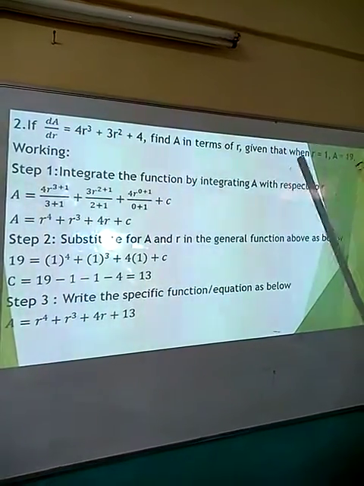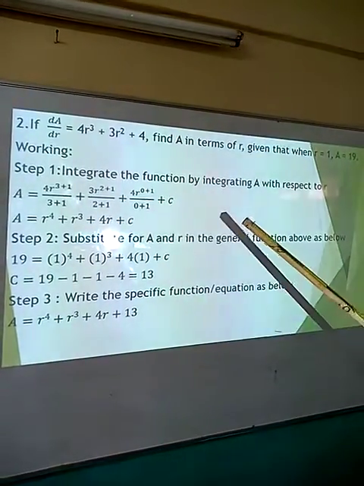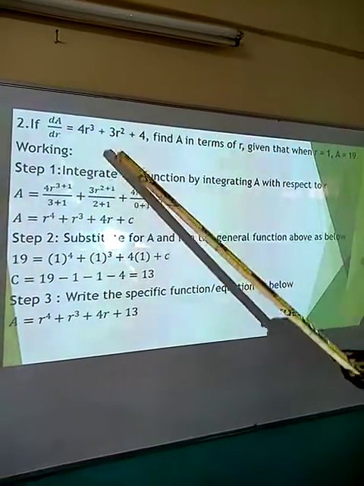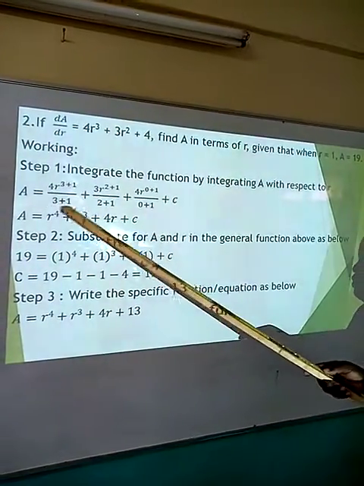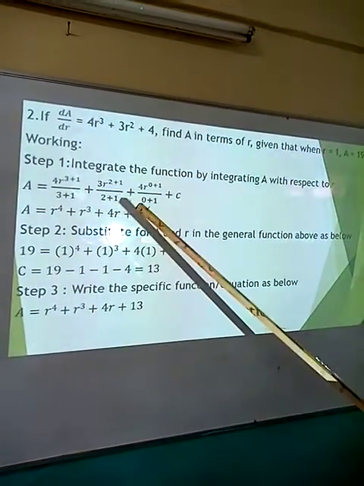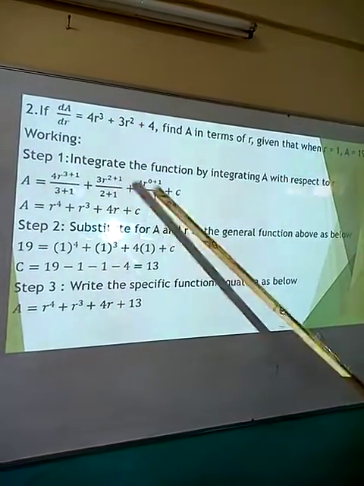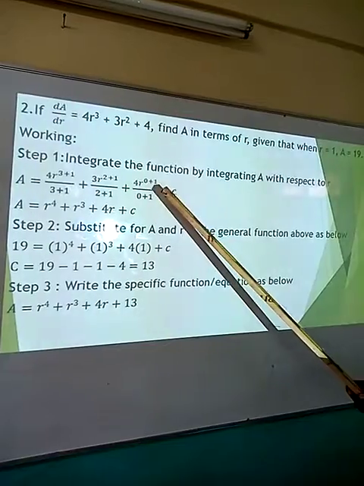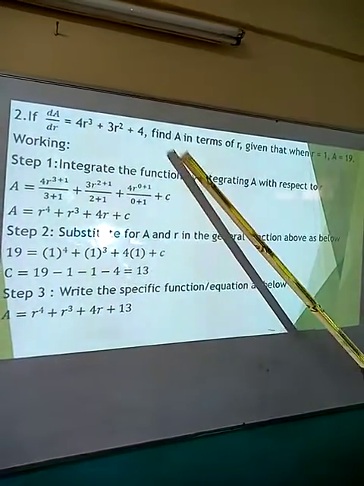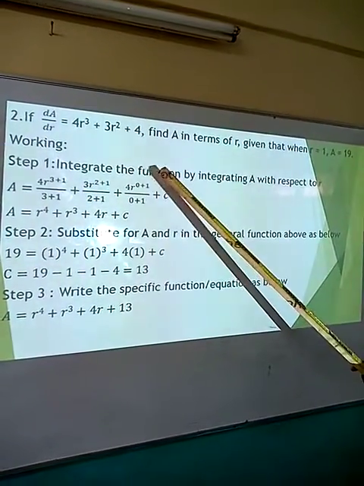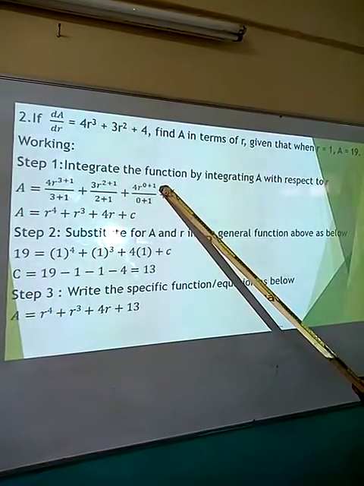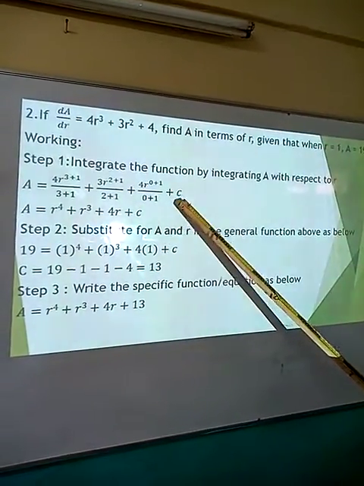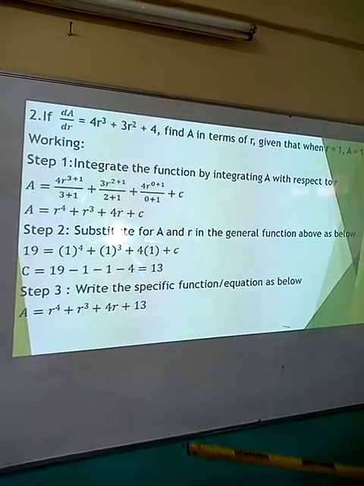We integrate with respect to r, and you can see the power of r in the first term is 3, so we add 1. We divide by the new power, which is 3 plus 1. We do the same in the second term. In the third term, r is silent, meaning it has a power of 0, so we add 1, divide by 0 plus 1, plus a constant.